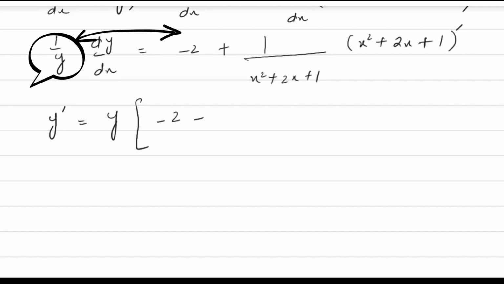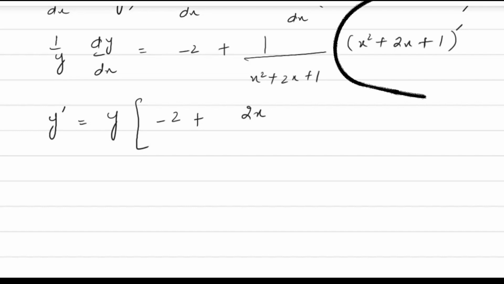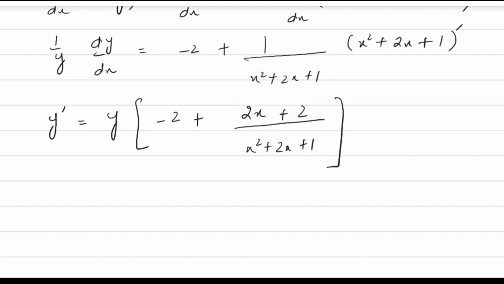So minus 2 plus its derivative would be 2x plus 2 plus 0 divided by x square plus 2x plus 1. y was, in the question, e raised to the power minus 2x into x square plus 2x plus 1.